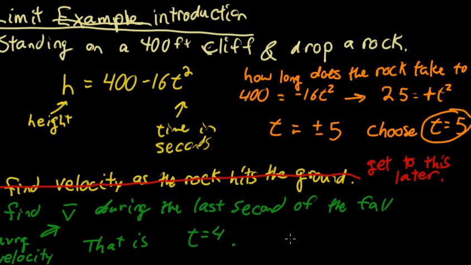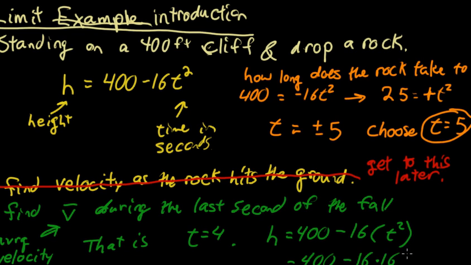So we know our height equals 400 minus 16 times t squared. So that's 400 minus 16 times 16, which is equal to 144.